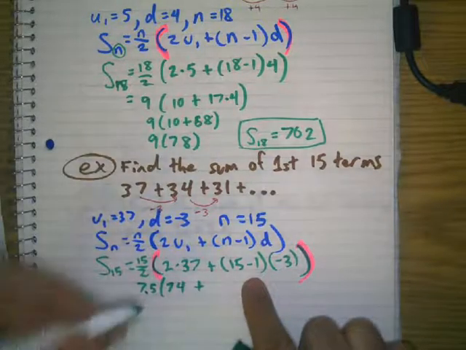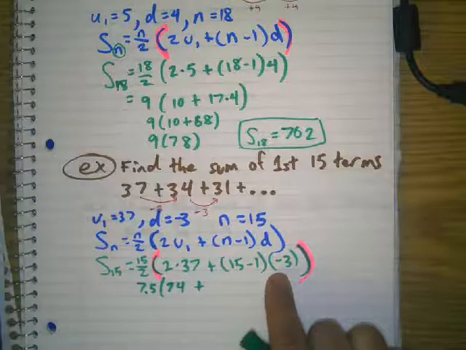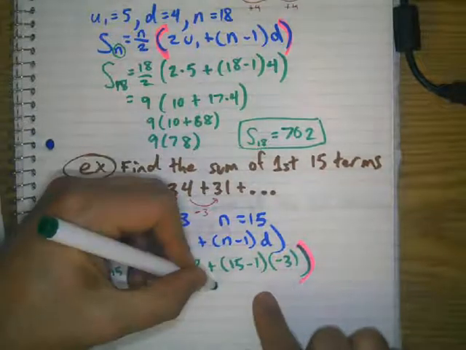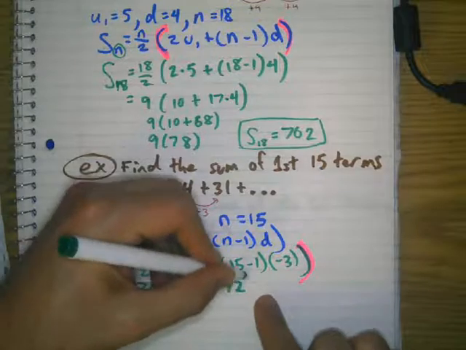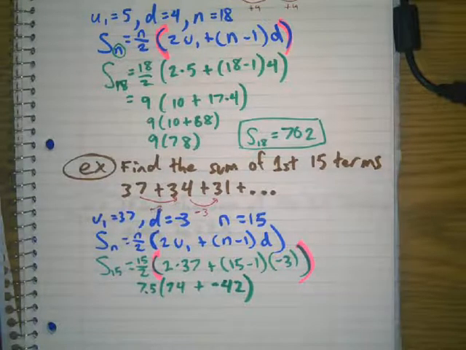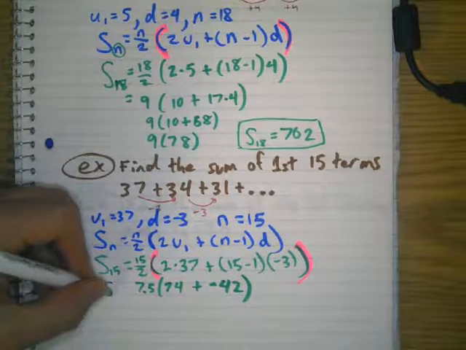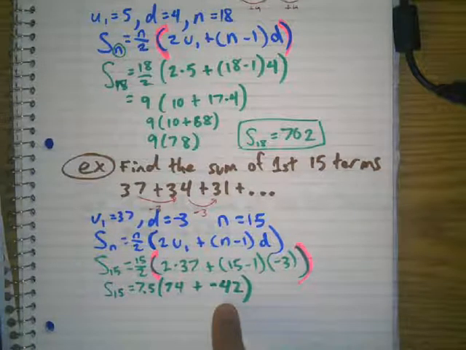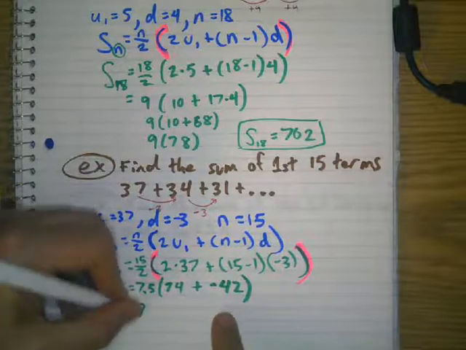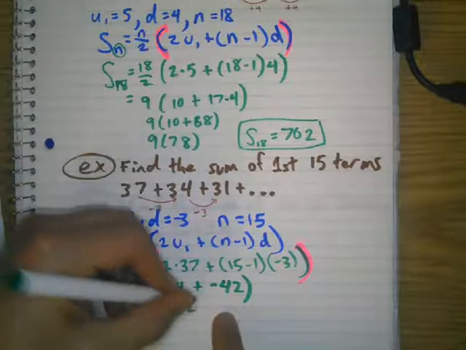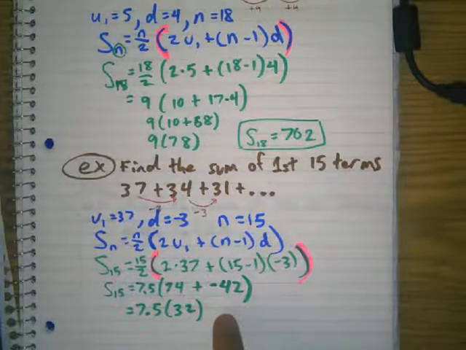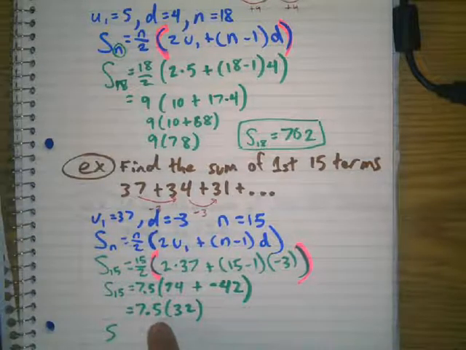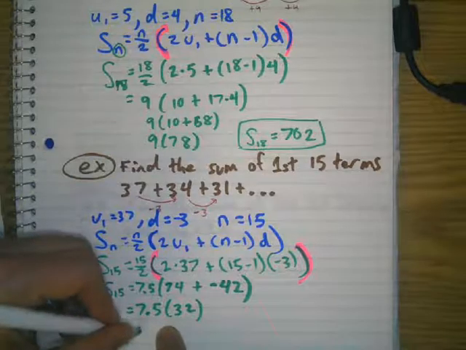Okay, so we've got 14 times negative 3, which is going to give me negative 42. And all right, 74 minus 42 is going to give me 32. And multiply 32 times 7.5, and we get 240.